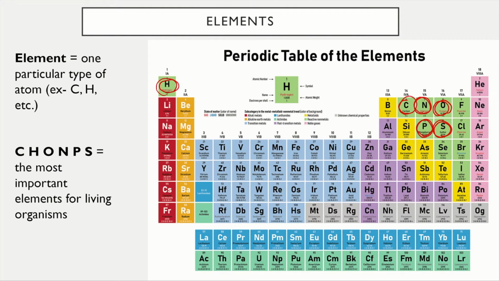Now, when we go to read the periodic table, we can see it's broken down into rows, which are the horizontal portion, and it's broken down into groups or columns, and these are going to be the vertical portion. So our group numbers here are going to tell us how many valence electrons each atom has.